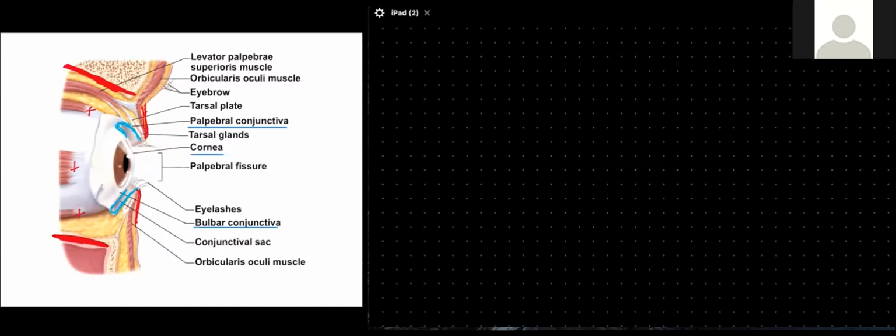The part of the conjunctiva that covers the eyeball is the bulbar conjunctiva. And the part of the conjunctiva that lines the eyelid from inside is my palpebral conjunctiva. If a person gets an inflammation of the membrane that lines the eyelid and covers the eyeball from outside, we call this conjunctivitis.